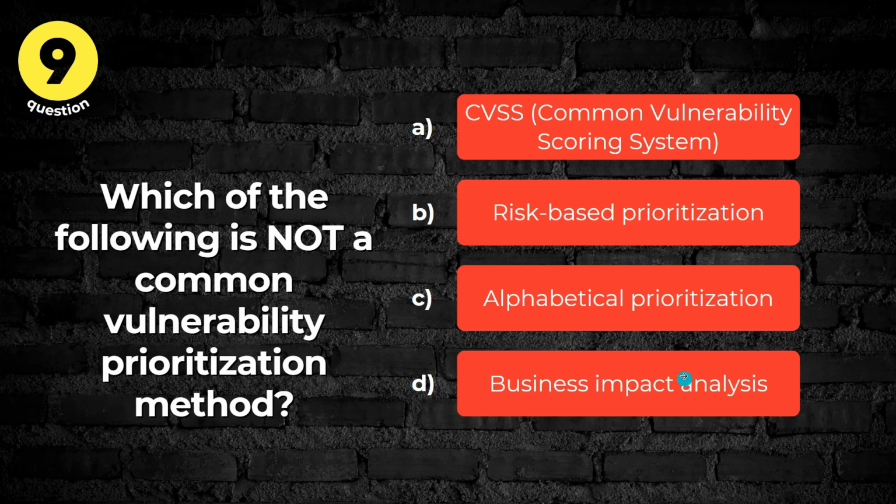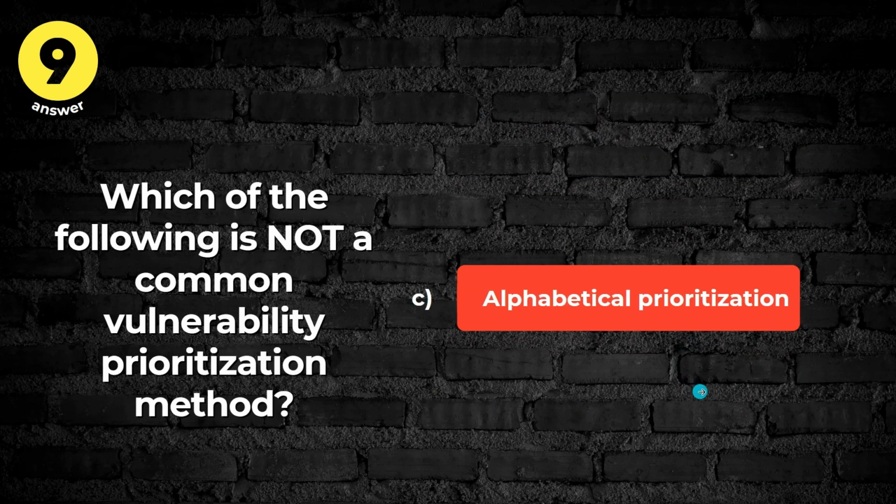I cannot say this word to save my life today, so my bad, guys. Give me a few seconds. C, alphabetical prioritization. And remember what I said about keywords? It's not a common vulnerability prioritization method. CompTIA likes to do that a lot, so you gotta pay attention, take your time, and read the question.